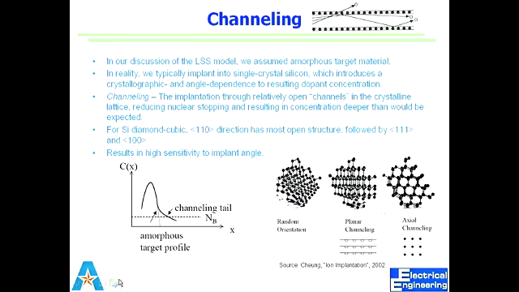So this is what gives rise to the idea called channeling. It doesn't stop. It doesn't come into contact with a nucleus, doesn't strike an electron, so it wouldn't lose energy.